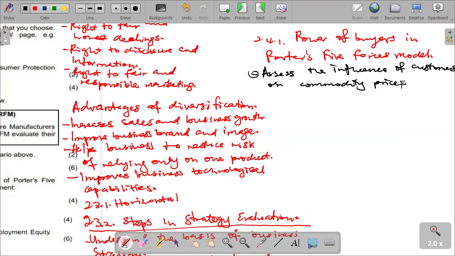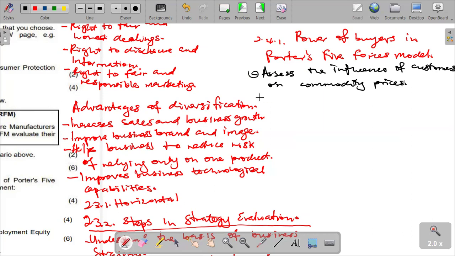Also understand if the buyers are buying in bulk, and whether they can bargain for prices in their favor.